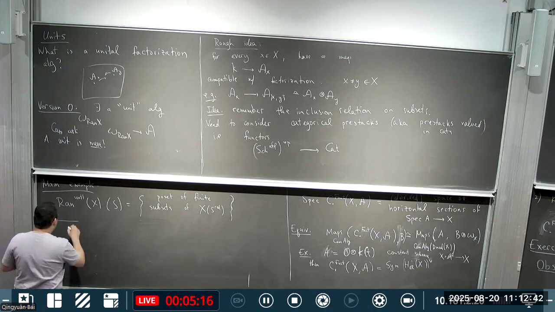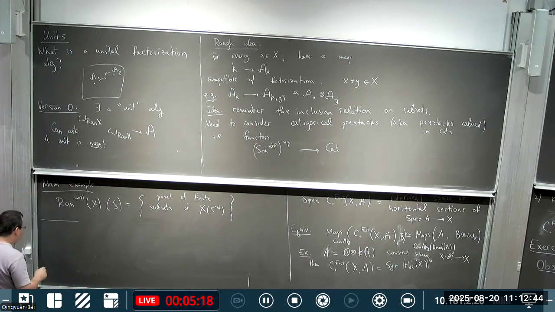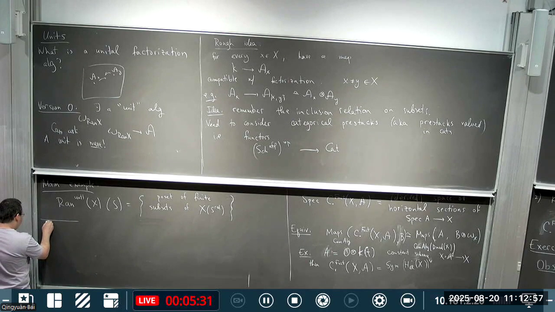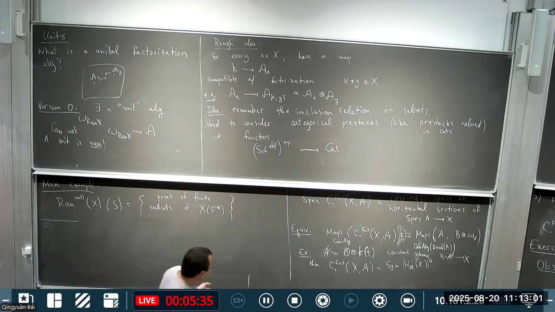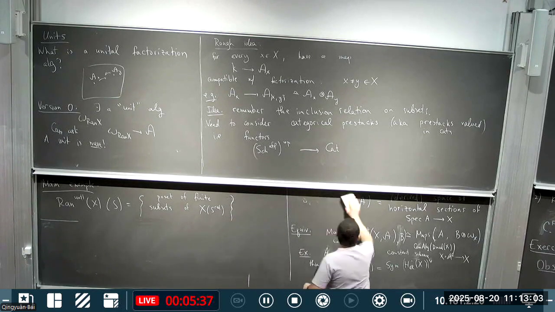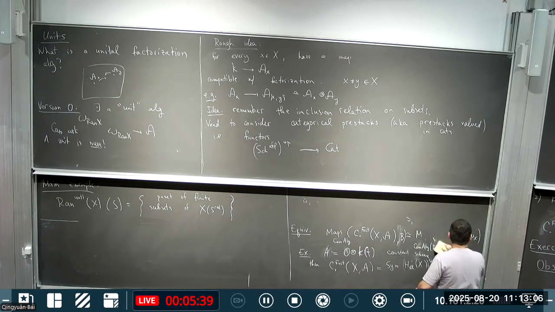This is the object that's going to govern unital factorization structures in the same way that the Ran space governs ordinary factorization structures. Some facts: let me say some things about this general formalism of categorical pre-stacks.